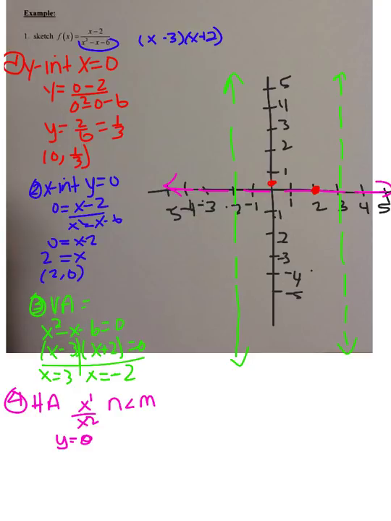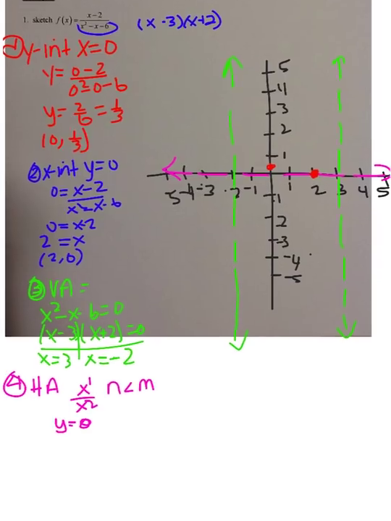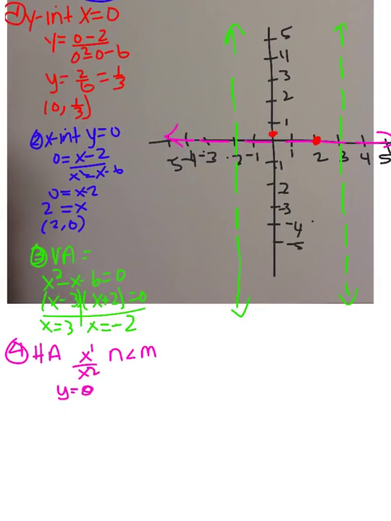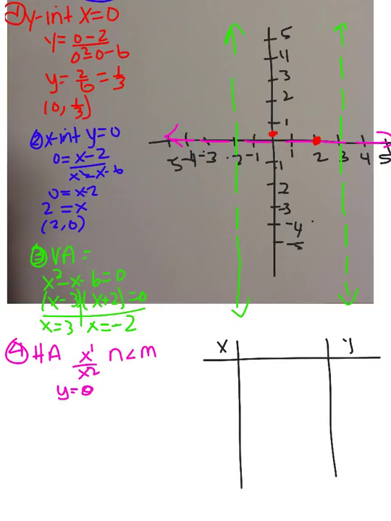All right, so we're going to make a table of values. So I'm just going to move everything up a tiny bit. I'm going to have an x column, and a y column, or f of x. And in the middle is going to be my function, x minus 2 over x squared minus x minus 6.